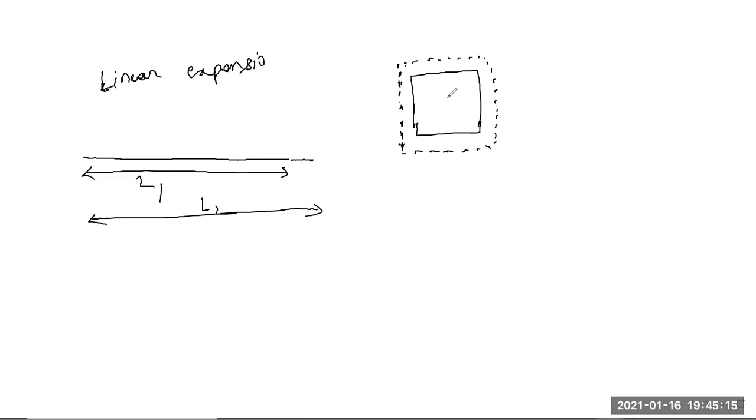So what is increasing? Here length is increasing, but in this case the area is increasing, so there will be areal expansion or area expansion, whatever you call it. Suppose the final area is A2 and the initial area is A1.